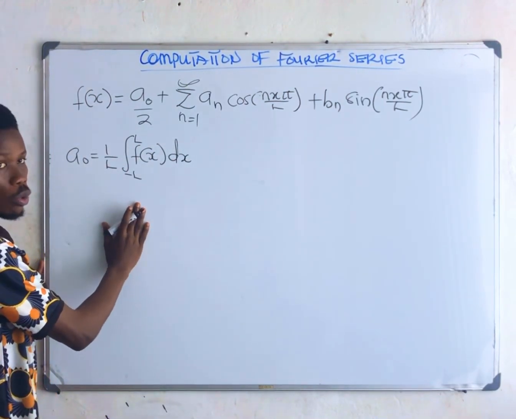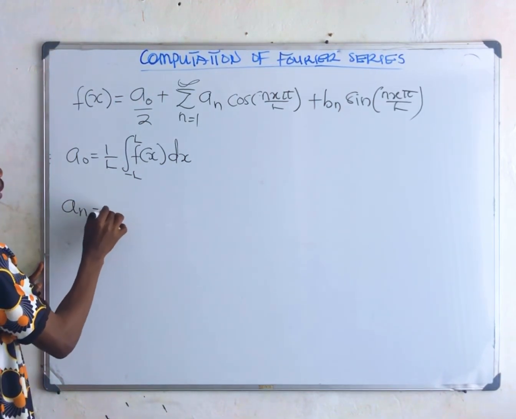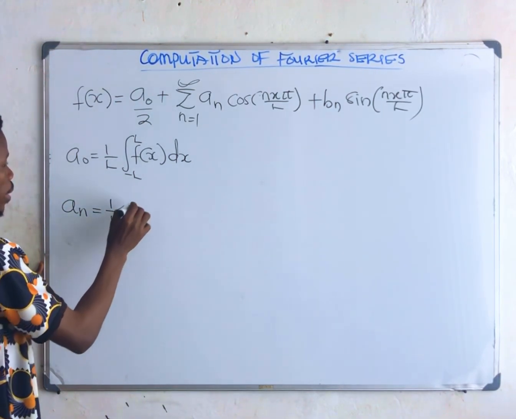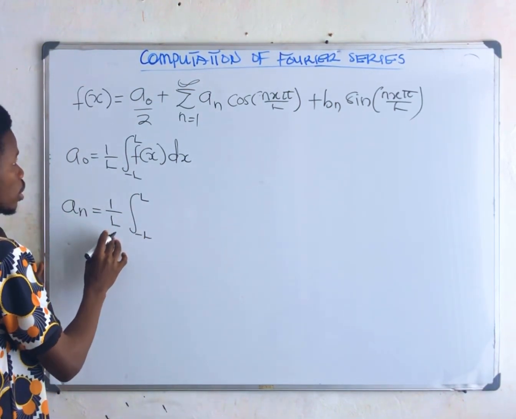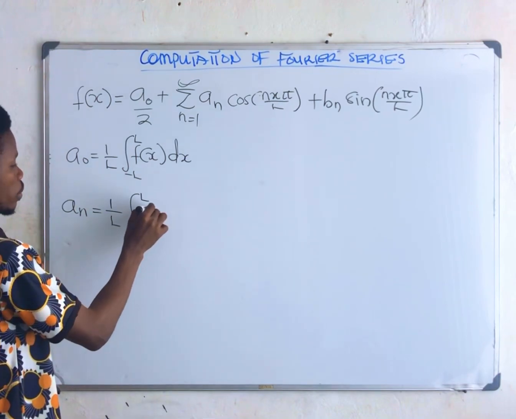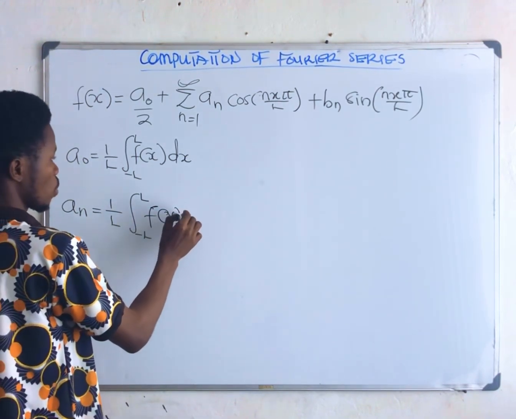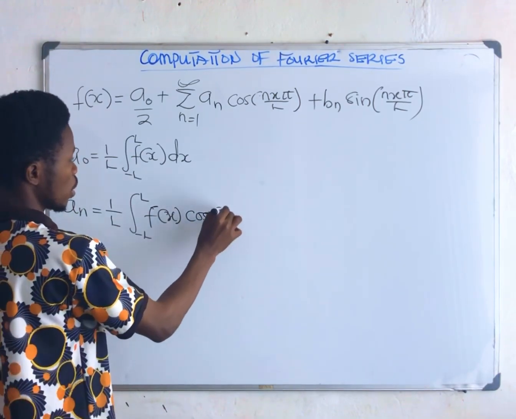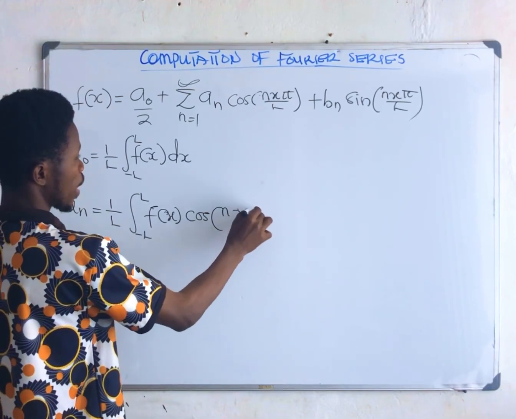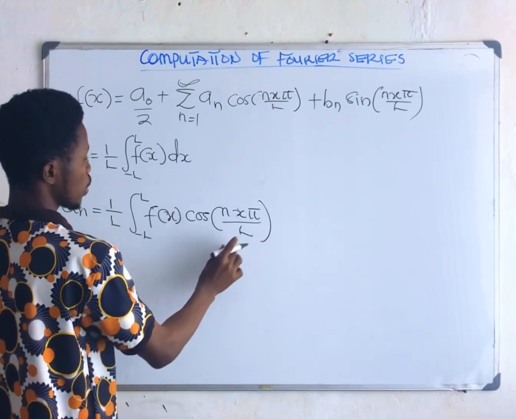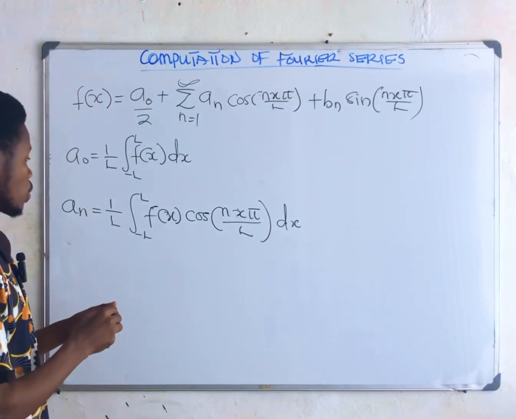When you want to integrate an, it gives us 1 over l, the integral of negative l to l of the function f at x cos nx pi over l dx. This is how you integrate the an.